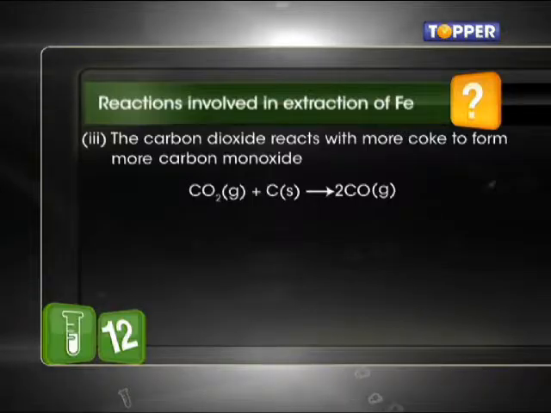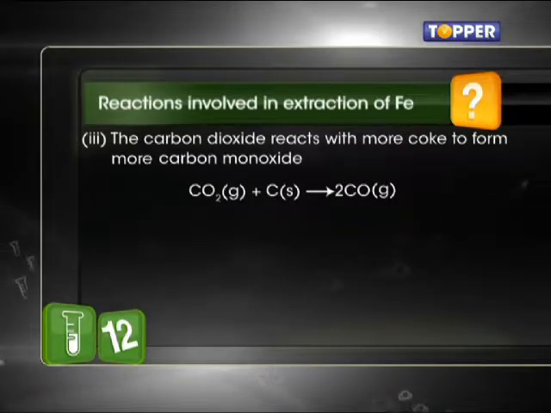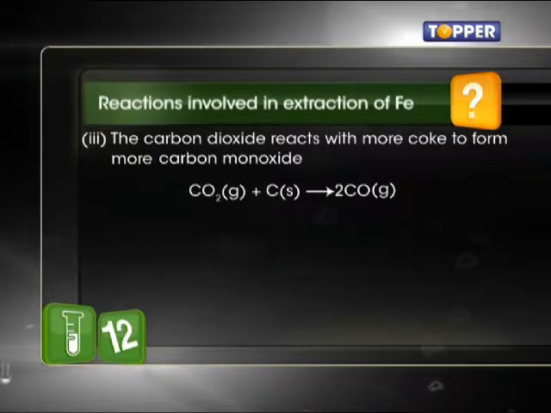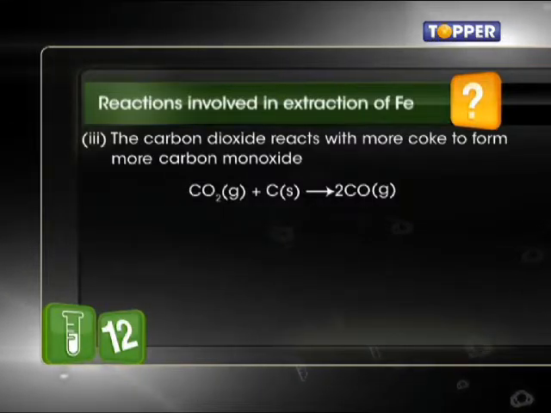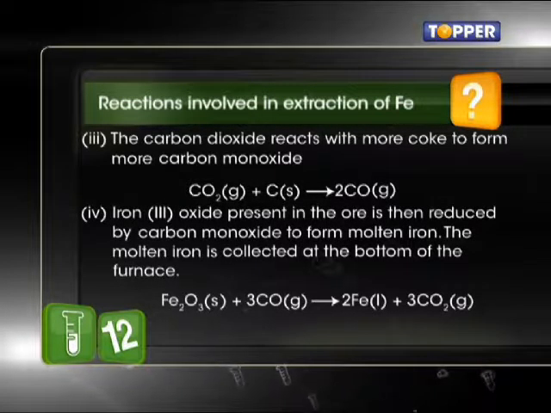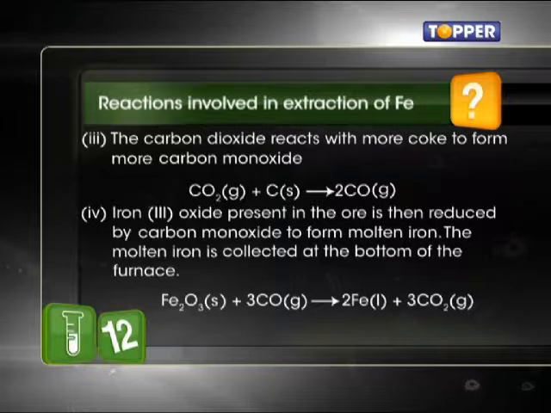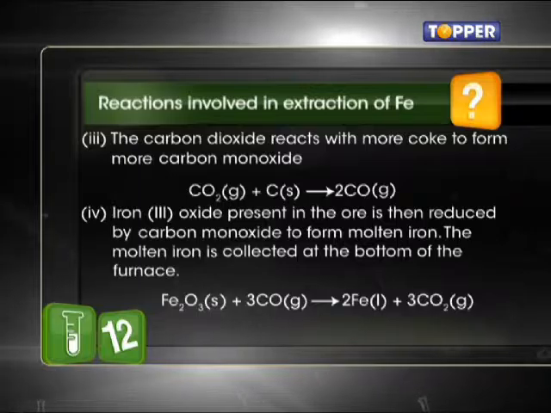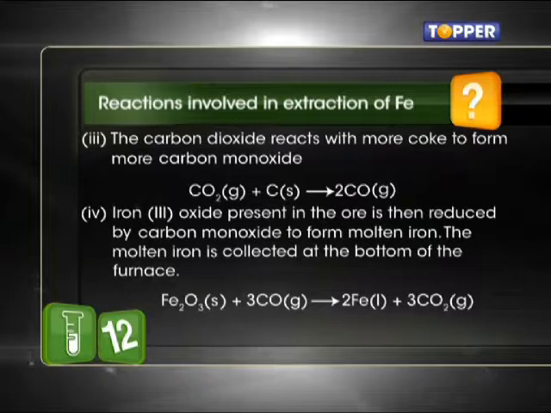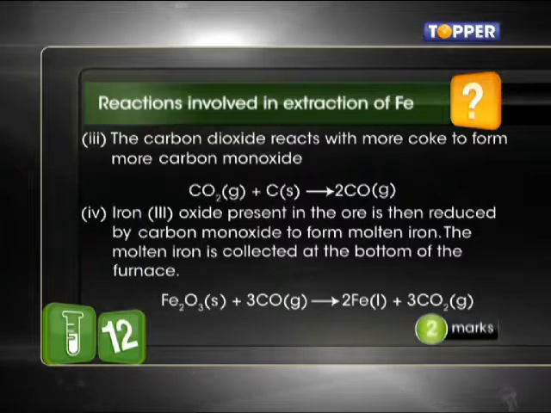Number 3. This carbon dioxide reacts with more coke to form more carbon monoxide. Number 4. Iron(III) oxide present in the ore is then reduced by carbon monoxide to form molten iron. The molten iron is collected at the bottom of the furnace.